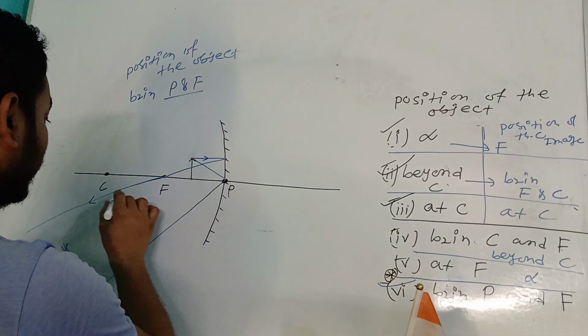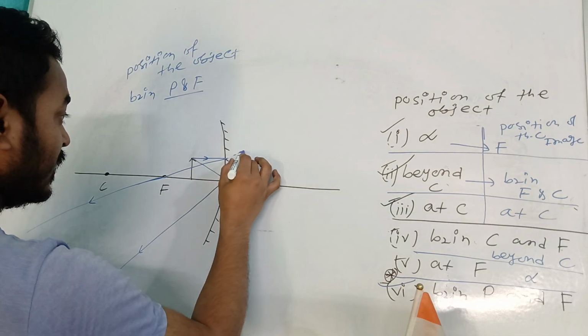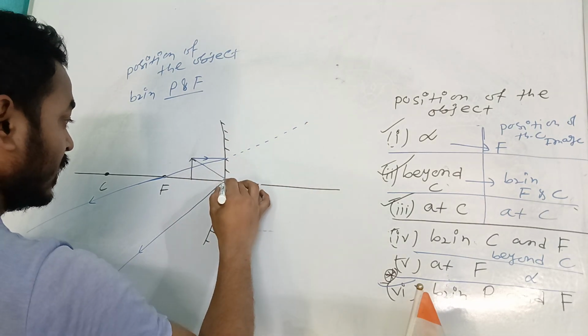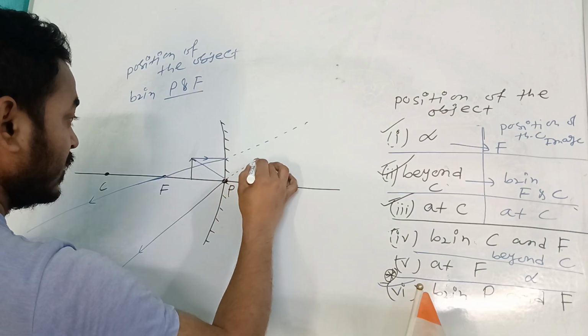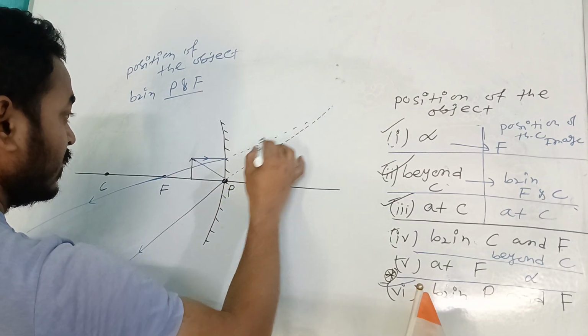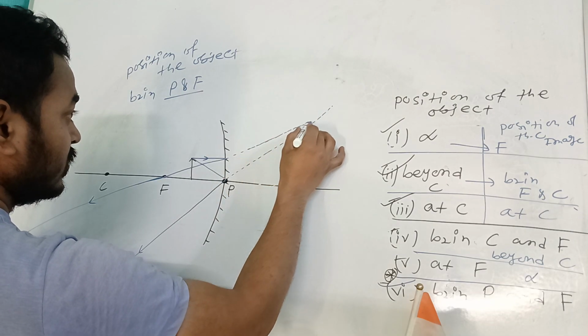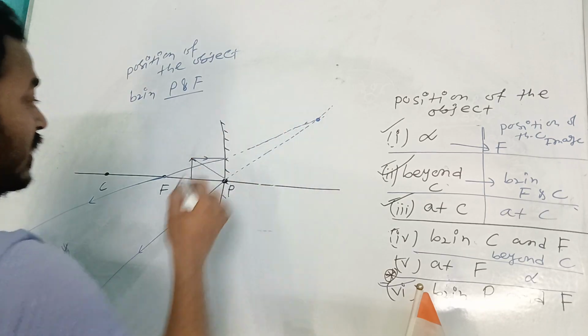So this reflected ray we have to extend, and this one also, extend this one also. So this is the image point.